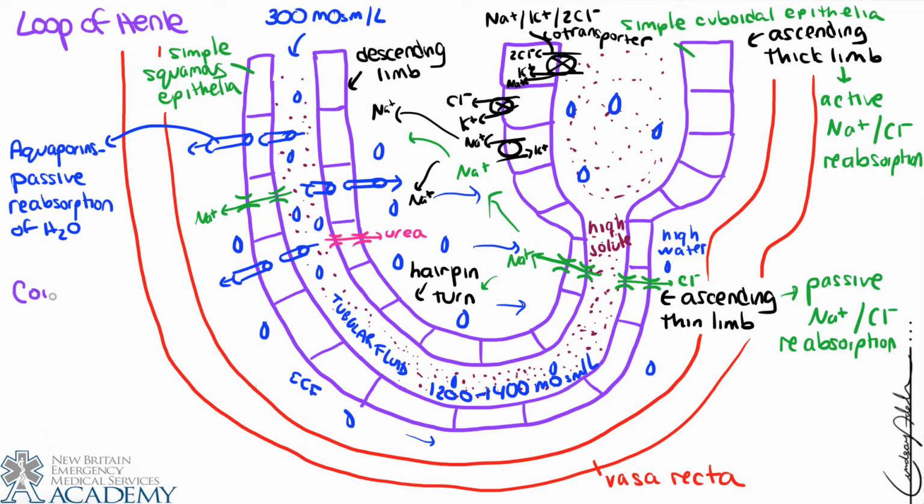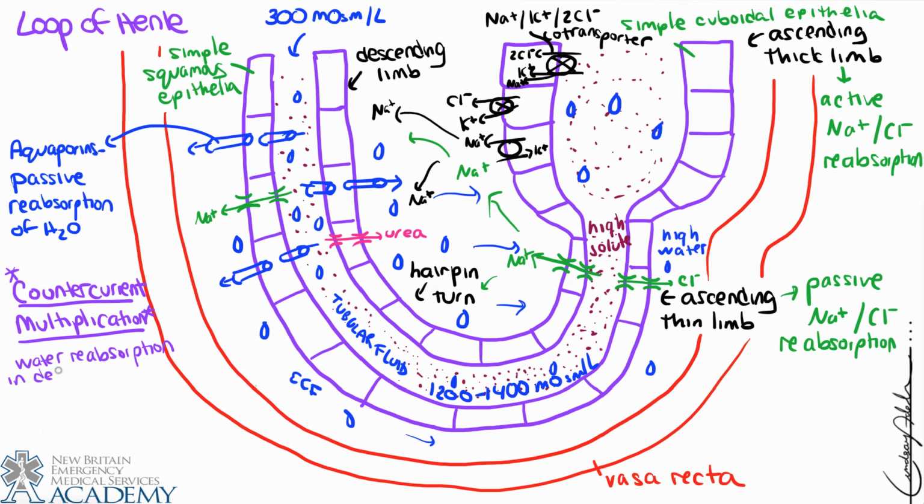So now that we've made our way through the descending and ascending limbs, let's talk about the overall event that is happening here. And this is probably the most critical point of what the loop of Henle is capable of. It's called countercurrent multiplication, and it's essentially like a positive feedback cycle.